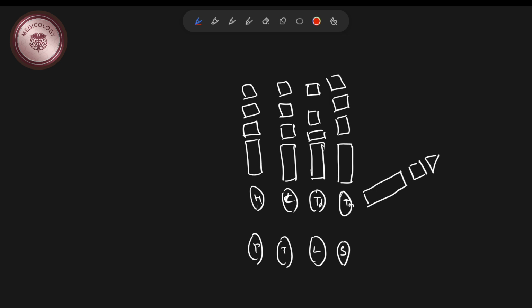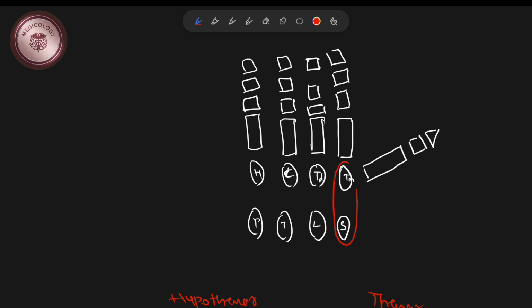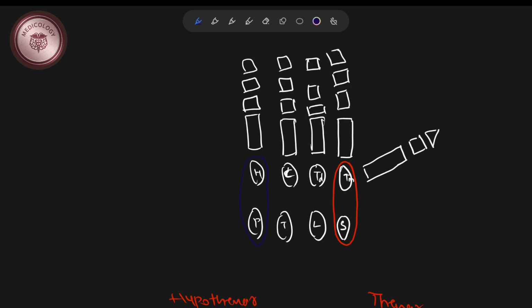So here will be the thenar group, here the hypothenar group. First of all, we will learn that the most lateral muscle will be our abductor, because it is performing the abduction, so it should be lateral, and they are short muscles. So of course they will originate from here, from the scaphoid and trapezium, and the hypothenar muscles will be from pisiform and hamate.